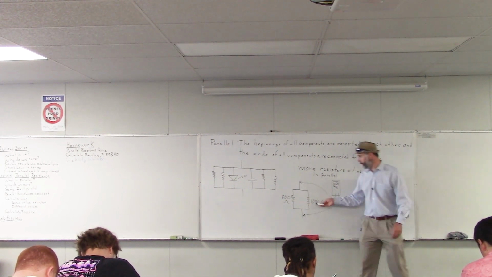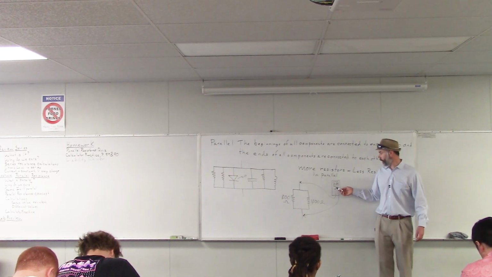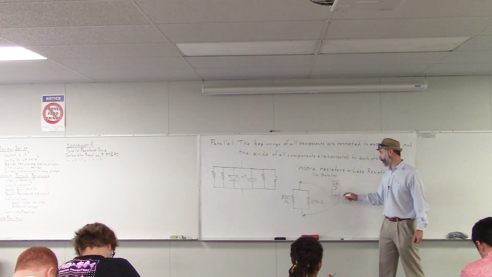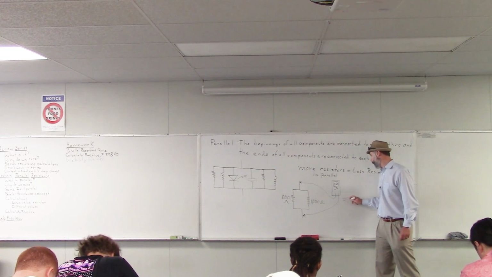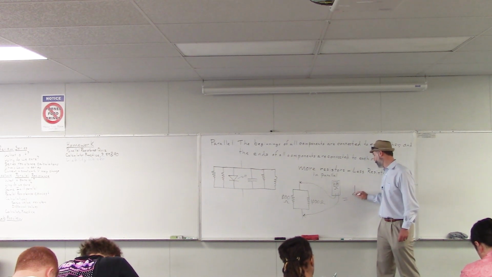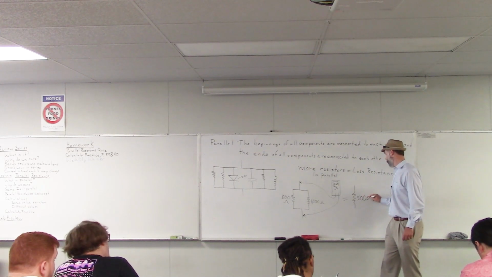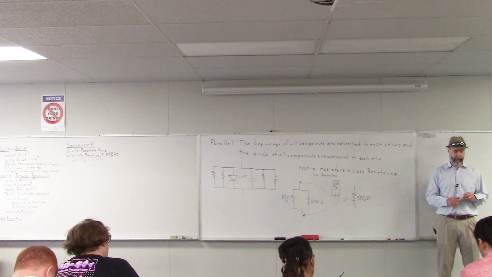So if you have two resistors that are the same value in parallel, the equivalent resistance is half of one of those values. So this would be equivalent to just a single 500 ohm resistor. Okay?